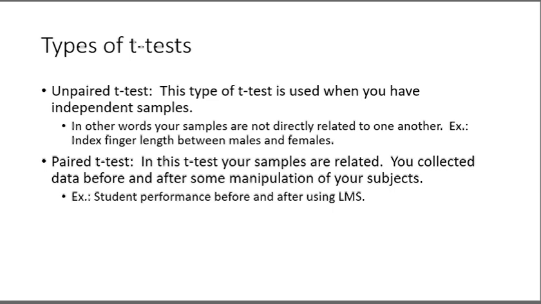Example: index finger length between males and females. There is no relationship between the index fingers of males and females. You can do the t-test for that, but it is called the unpaired t-test.